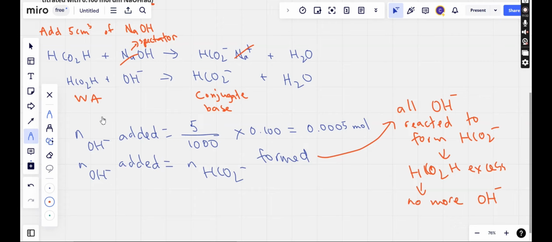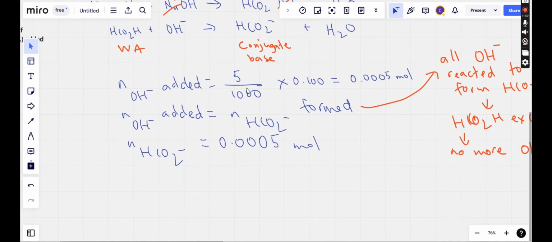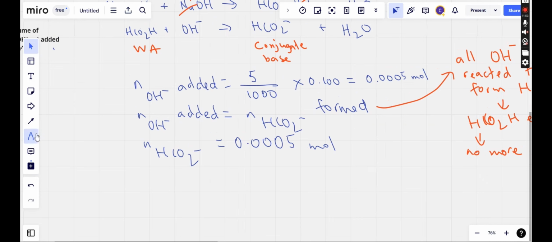So hence at this stage, the amount of HCO2 minus is equal to 0.0005 mole. Okay, so at this stage, you use the Henderson-Hasselbalch equation, which states that pKa is equal to, I'm sorry, my bad, it's not pKa, it's pH.